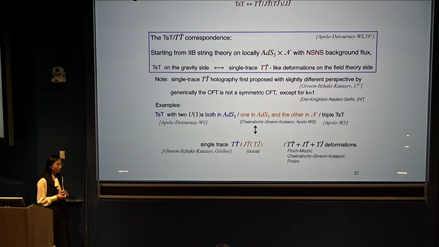Maybe you have not written down the definition of the single trace TTbar. My expectation is that there is some version of that for generic CFT, but I don't know how to write it down or how it works.